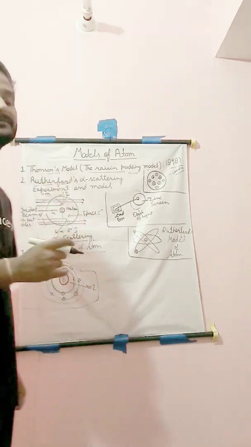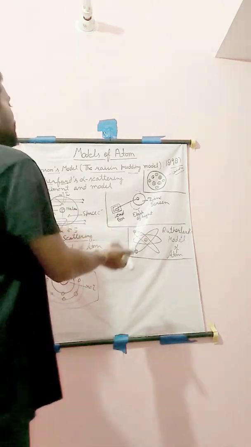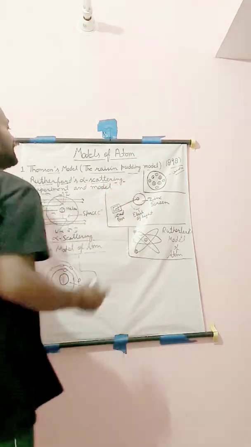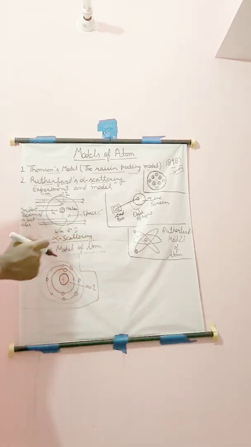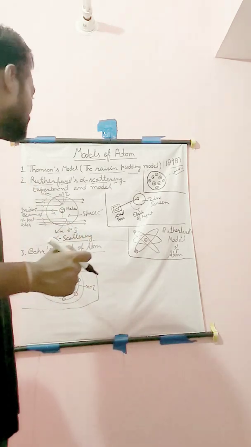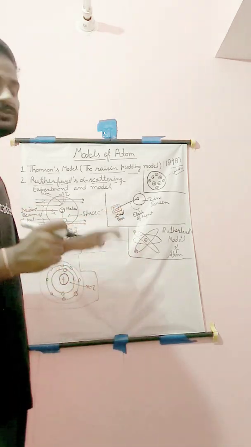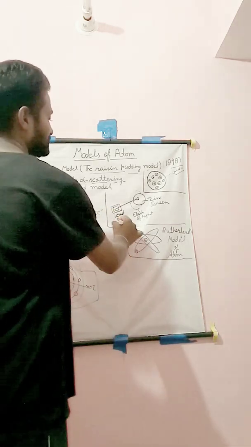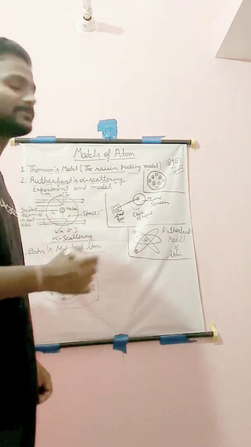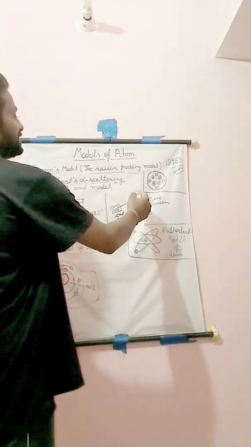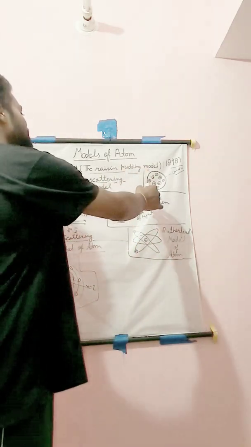Rutherford also gave his model for the structure of the atom, and he did the alpha scattering experiment. You can see in your book also what he did, and you can see the structure here. First, he put a source of alpha particles, which is a lead box, and he bombarded alpha particles on a zinc screen.